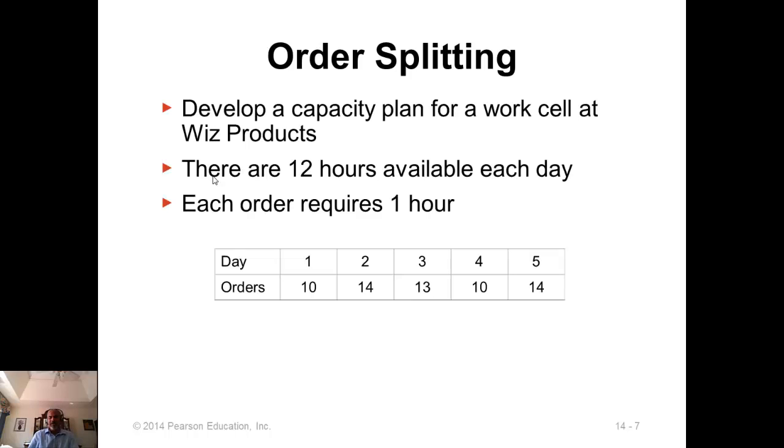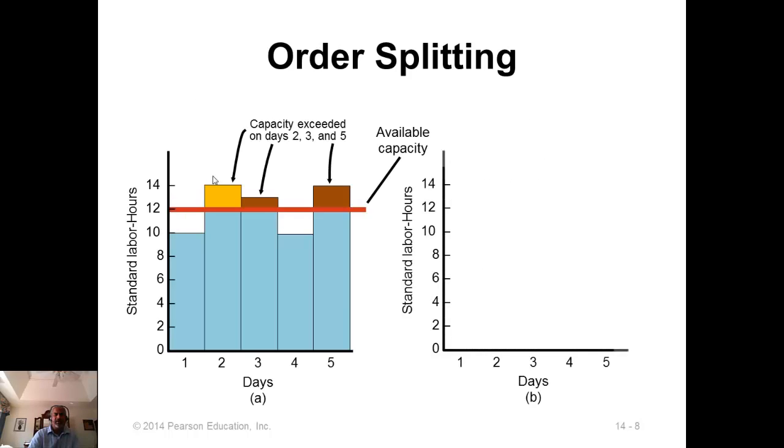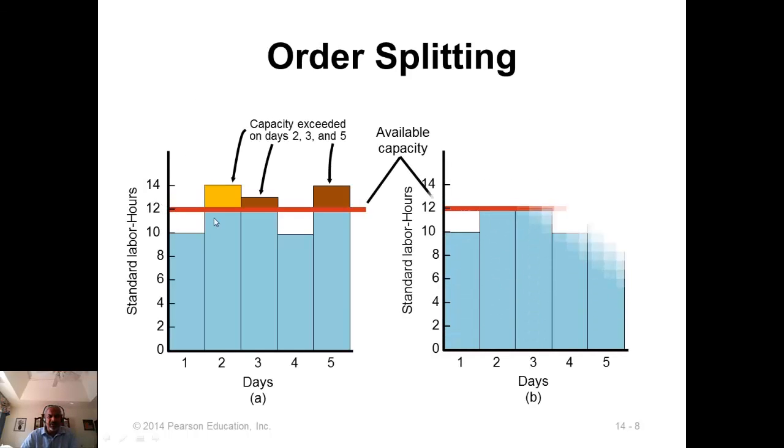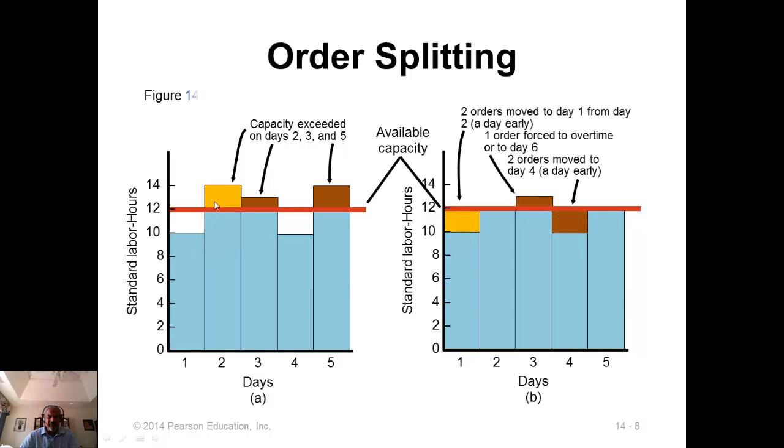So let's look at this from a graphical point of view. Suppose you have these orders on different days, and your capacity is 12, and the blue are the orders that you have. Here you have an order worth 14 hours, but you have only 12 hours of capacity, so this is over the capacity available.